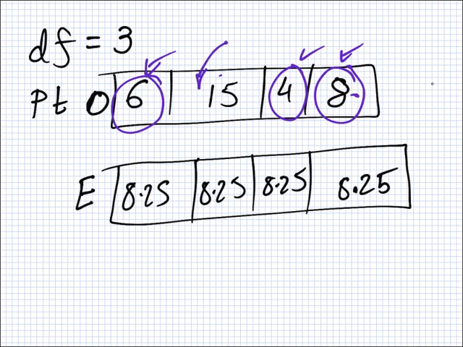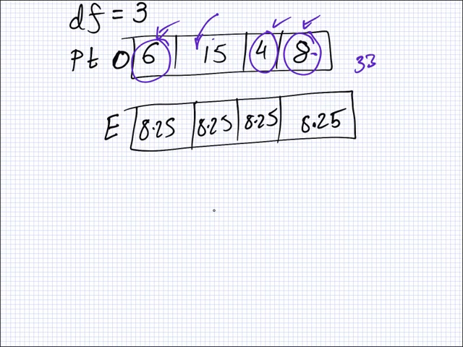Because the total should be 33. How many of these 4 numbers can change? That is, how many of these numbers have freedom? Right, okay. Now, the degrees of freedom is 3.